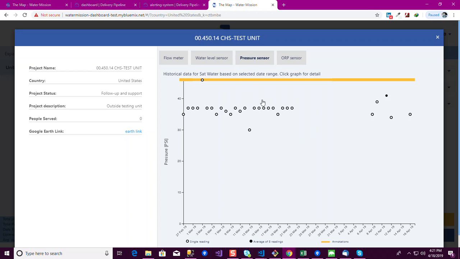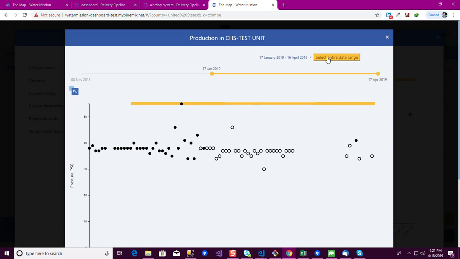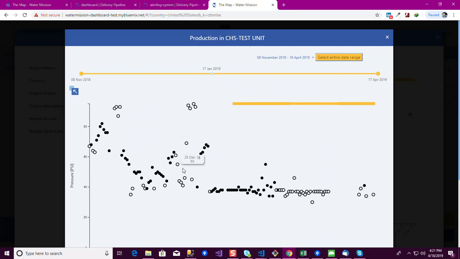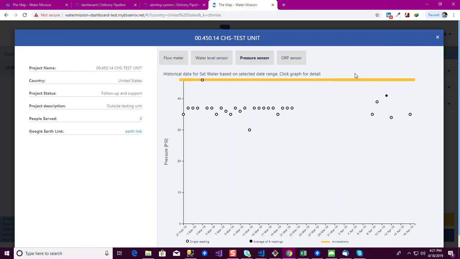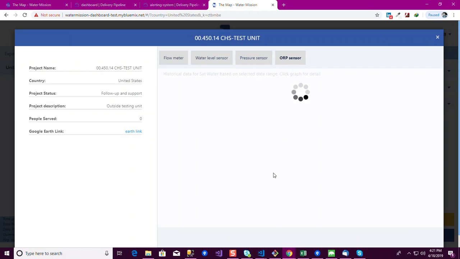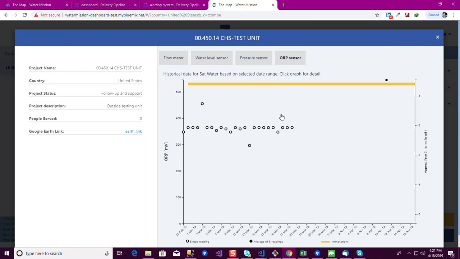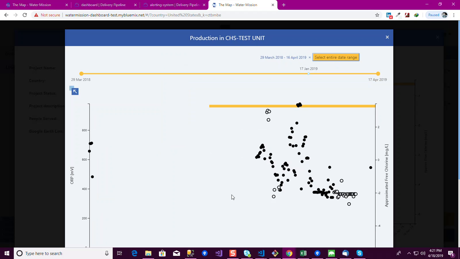We use those calibration values as the low and high calibrations. Now here you can see the data for the pressure sensor. And if you click on the ORP sensor, the data is different, because we use those low calibration and high calibration values.